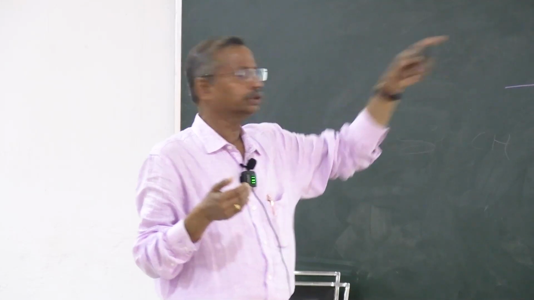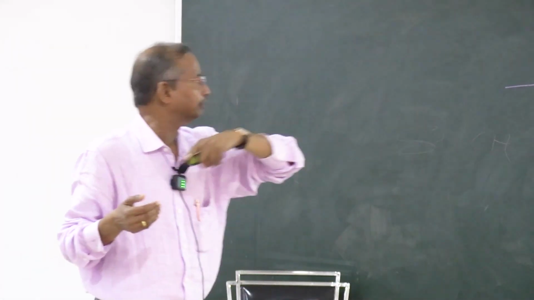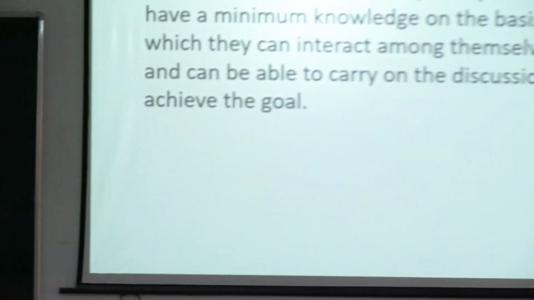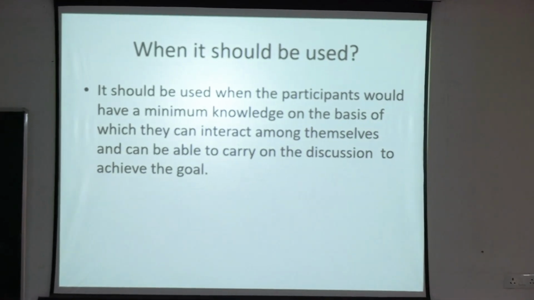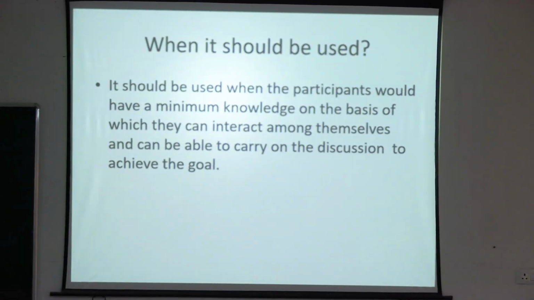This should be used when the participants have a minimum knowledge. On the basis of that, they can participate in the discussion and carry it out, because it is their role to carry the discussions and solve the problems.